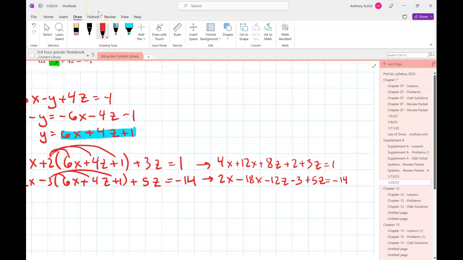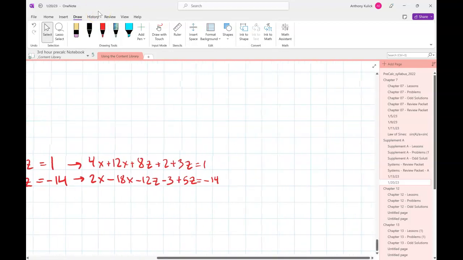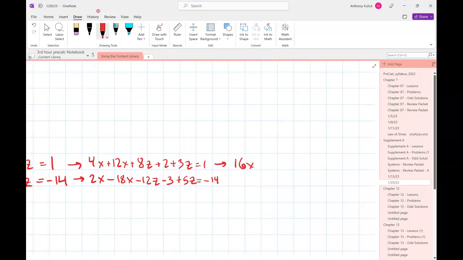So if I combine my like terms now, I have 4x and 12x, that becomes 16x. I have 8z and 3z, that becomes 11z. I have 2x and -18x, that becomes -16x. I have -12z and positive 5z, that becomes -7z.